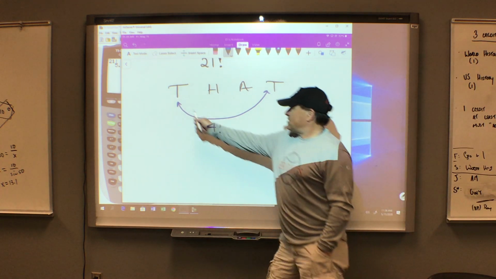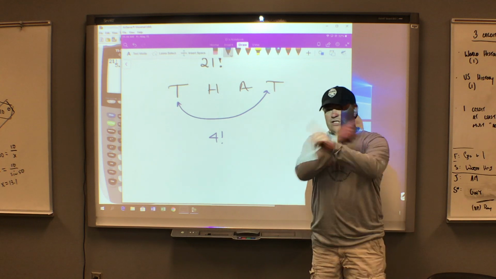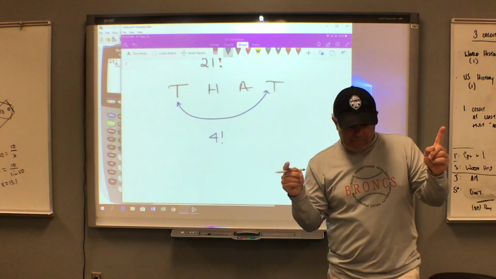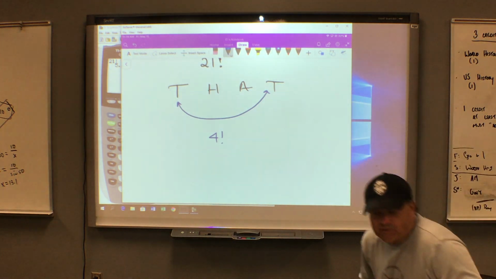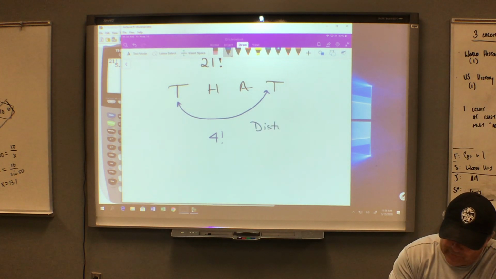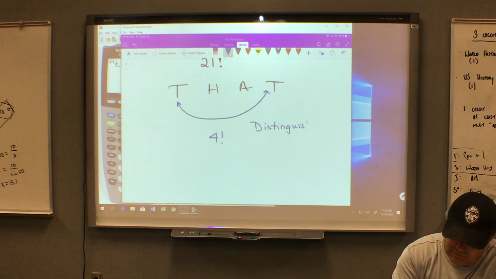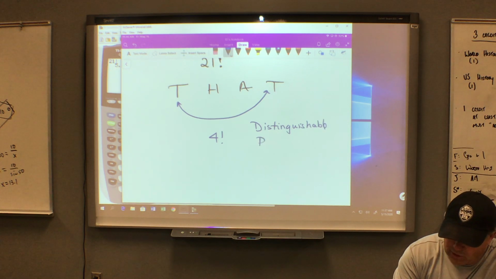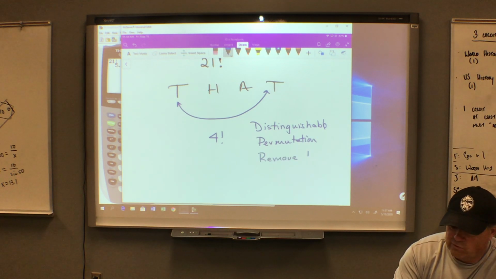So the one that has this TT, where it just flip-flops, that's going to be removed. So for a distinguishable permutation, we must remove repeats.